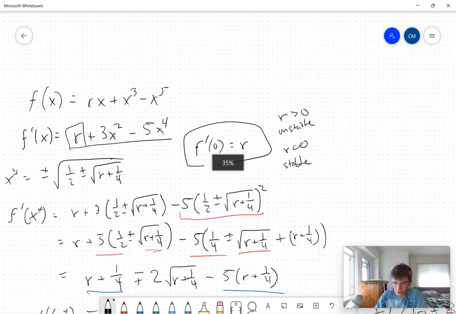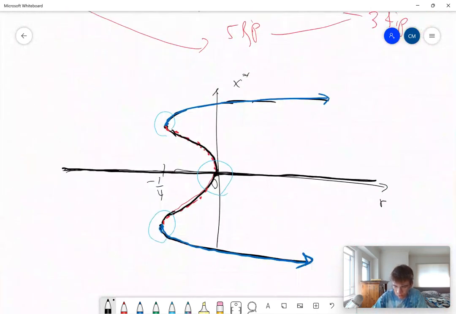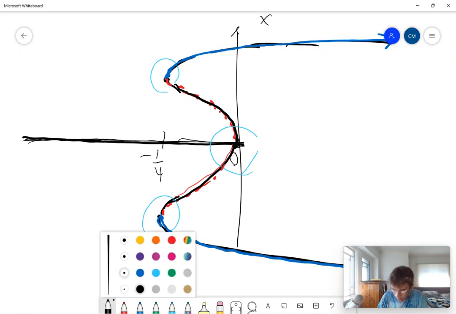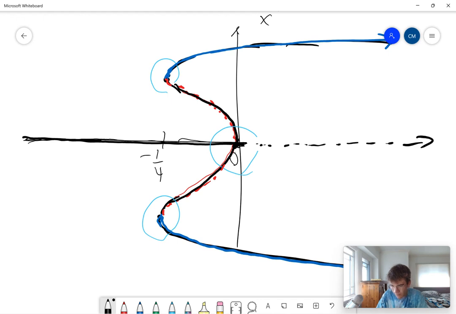So going back to our diagram, we have that r less than 0 is stable as shown here, and then r greater than 0 is going to be unstable. Okay, and then I want to just erase these lines to make it even more clear. So here we're going to have unstable.